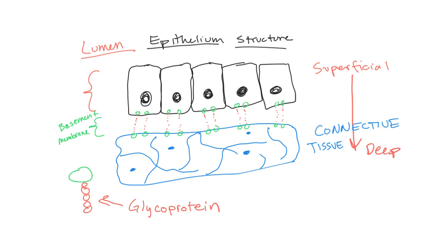And both tissue types have glycoproteins that interconnect to form bonds between them to act like an adherent or a glue, essentially, to stick them together.